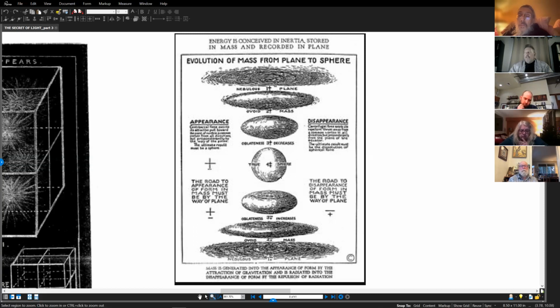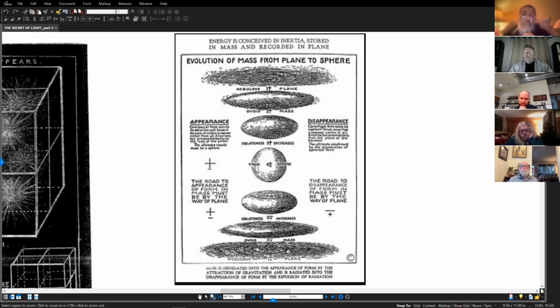So within this concept, we have the appearance and the disappearance. Again, we're seeing positive, negative, right? Positive, negative, negative, positive. The road to appearance of form in mass must be by the way of plane. So we start off with a plane, we go to a sphere. Then the road to disappearance of form in mass must be by the way of plane.